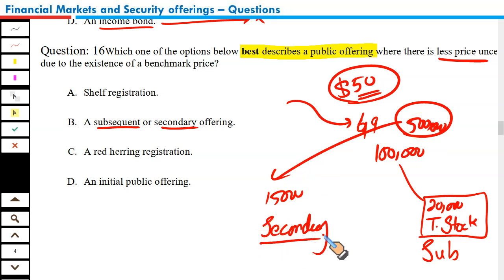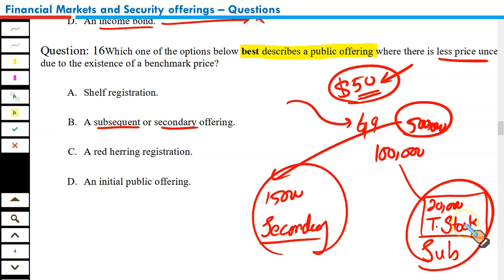So that's the point here. If your shares are already in the market, selling for $50, you already know what the price is, so you might set it at 49 or 48. So whether it's a secondary issue or subsequent issue, you have no problem at all. So that makes B the correct option.